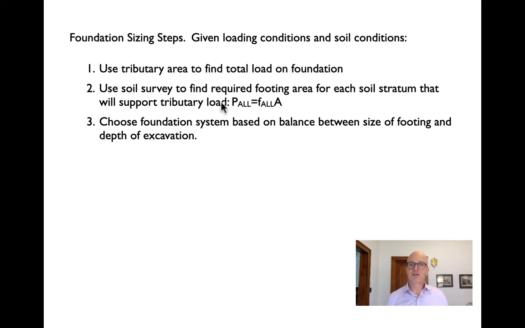And for each of those strata, we'll figure the allowable load that we want to put on the foundation. We'll compare that to the allowable stress on the soil, and we'll get an area out of that, a safe area that represents the distribution of that load over a safe amount of soil.